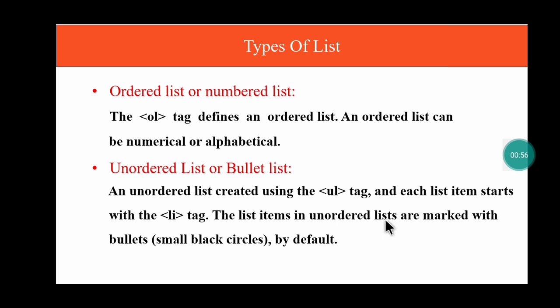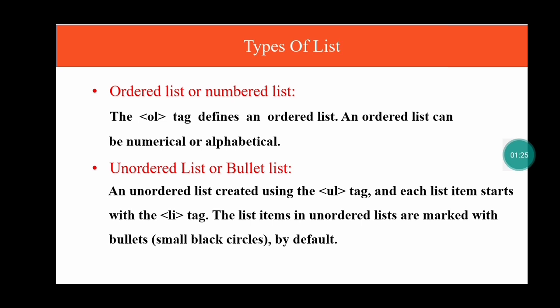We have three types of lists. The first one is the ordered list, also called the number list. To create an ordered list, we use the OL tag. It defines an ordered list, and each list item starts with the LI tag. The list items in an ordered list are marked with numbers by default.